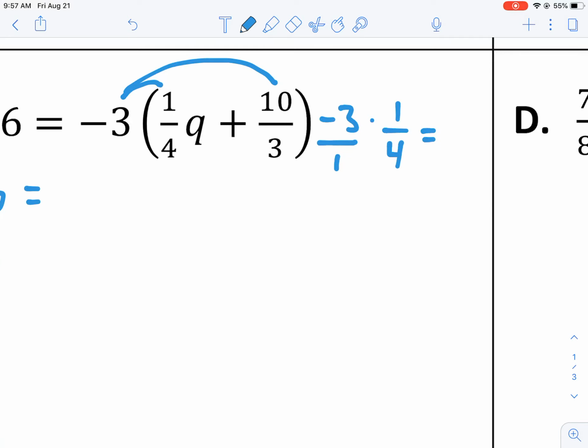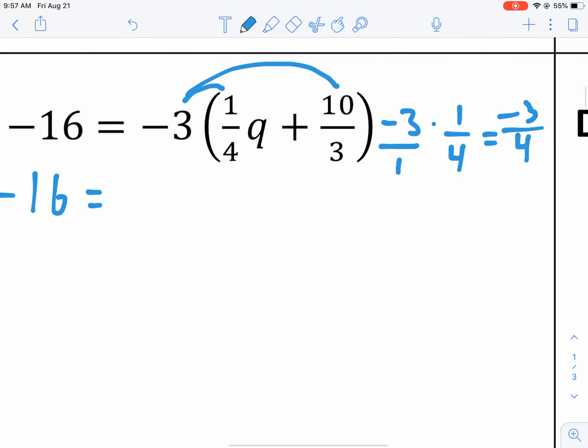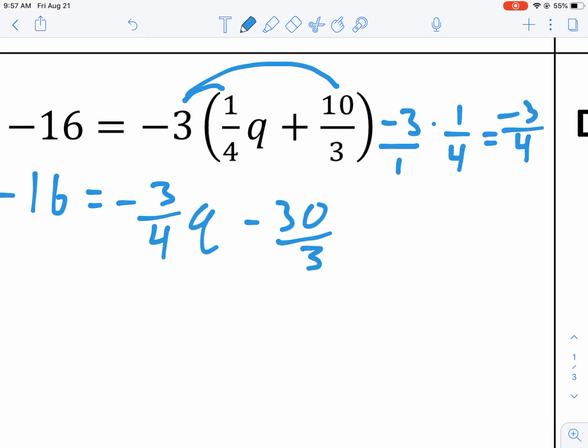So if you multiply straight across, negative 3 times 1 is negative 3. 1 times 4 is 4. So this is negative 3/4. Negative 3 times 10 is negative 30, so we can just make that minus 30 over 3.